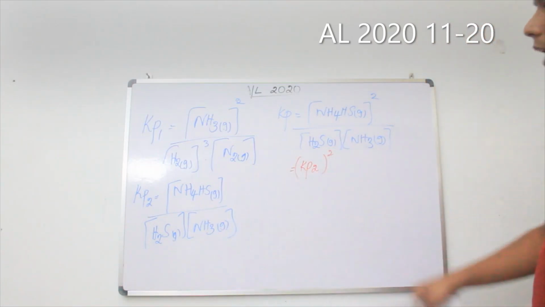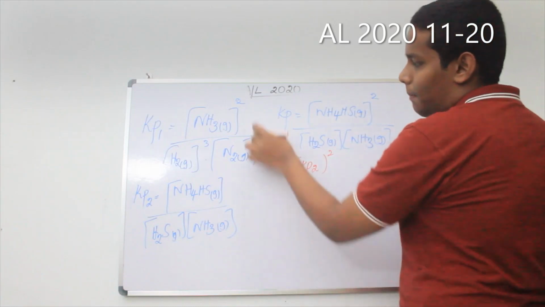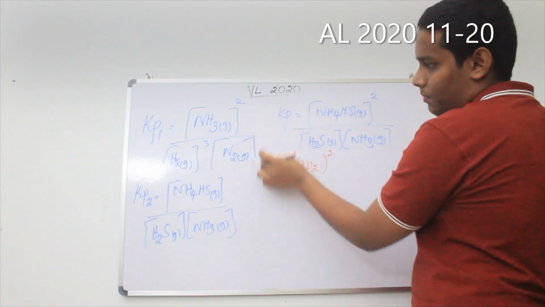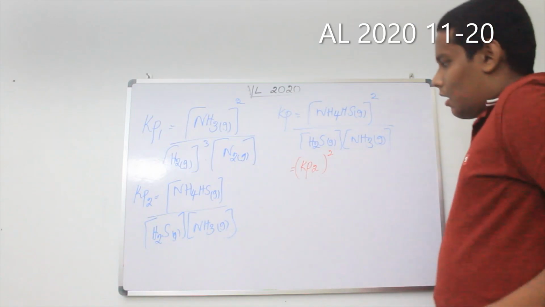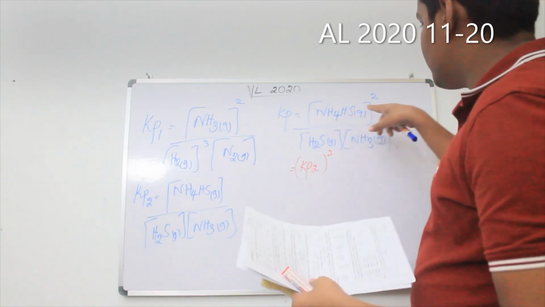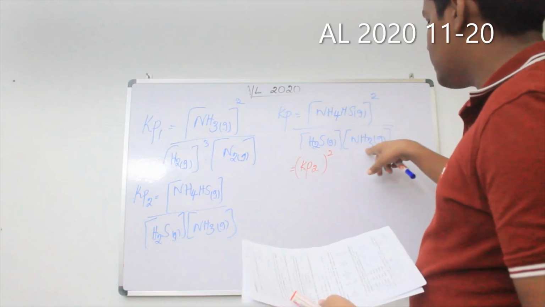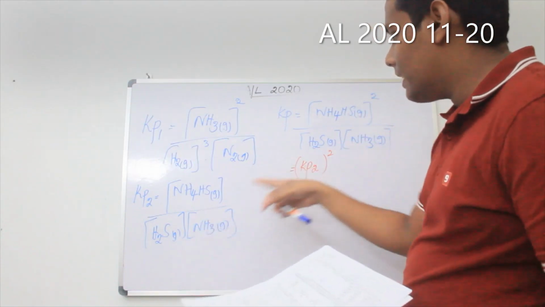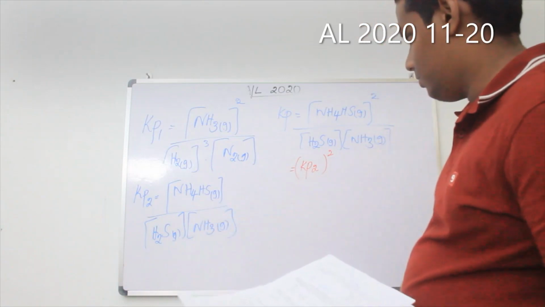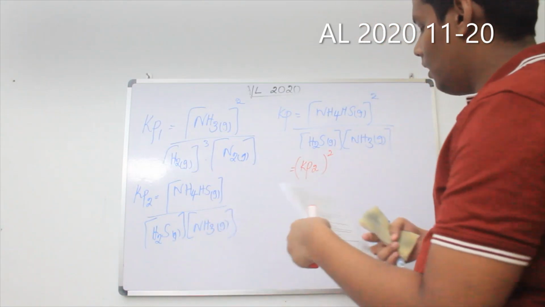H2S squared now. If I just multiply it by this particular value, just think, I had to get NH4HS gas squared over H2S into NH3. Okay, H2S should come down. Jolly well it has come down. H2S squared down. Okay, Kp2 squared.